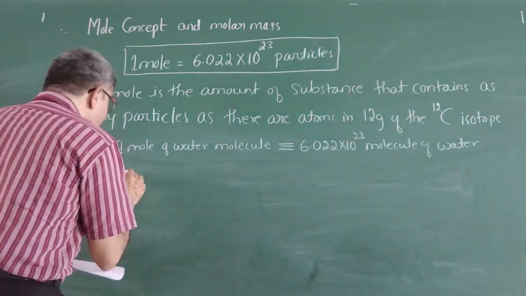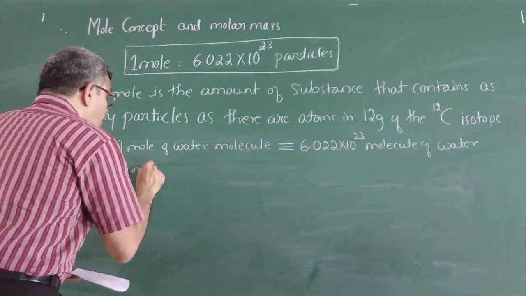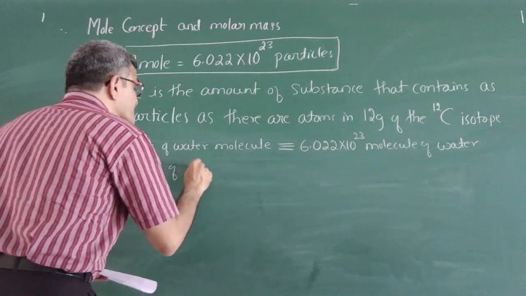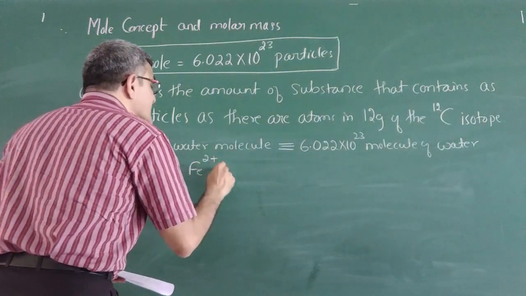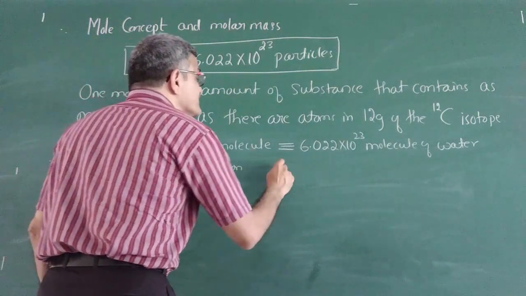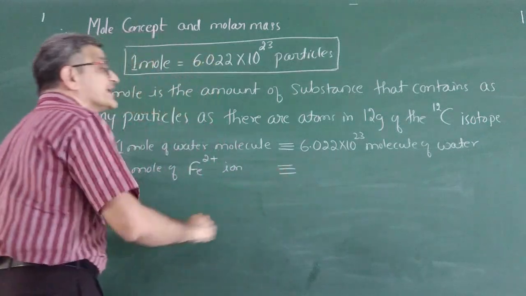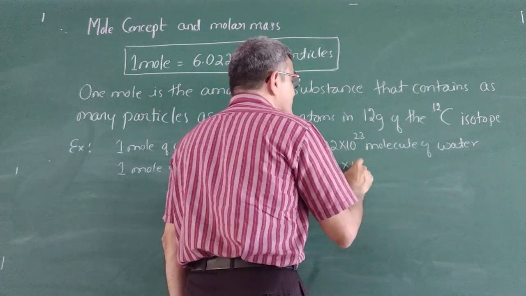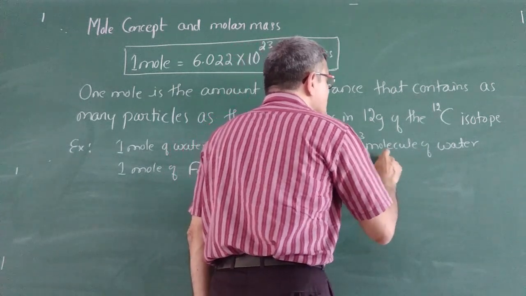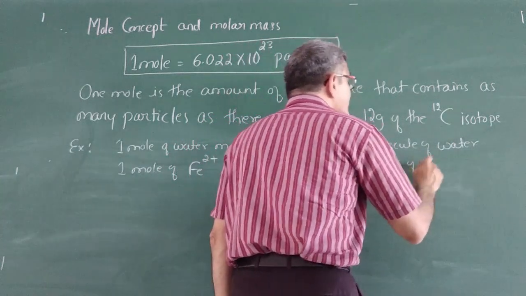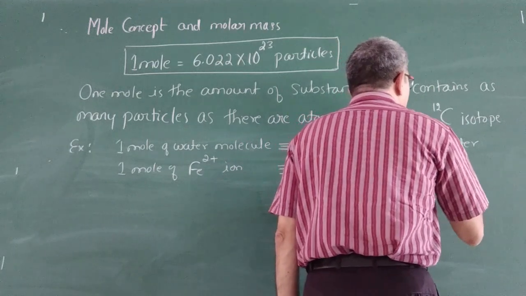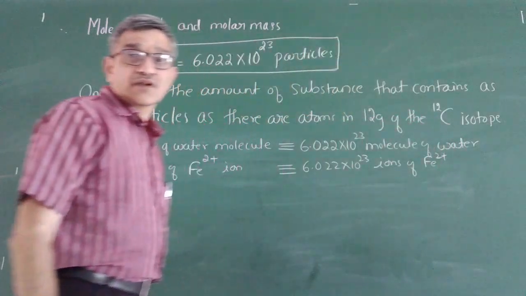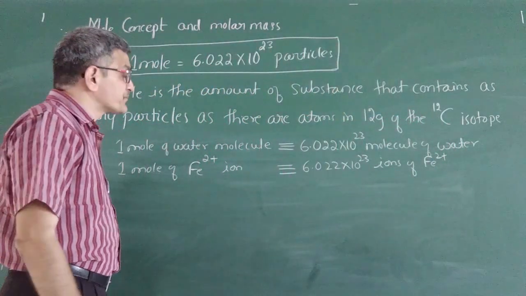Similarly, if I write 1 mole of Fe2 plus ion, what is that? Again the same thing, 6.022 into 10 raised to 23 ions of Fe2 plus. Okay.